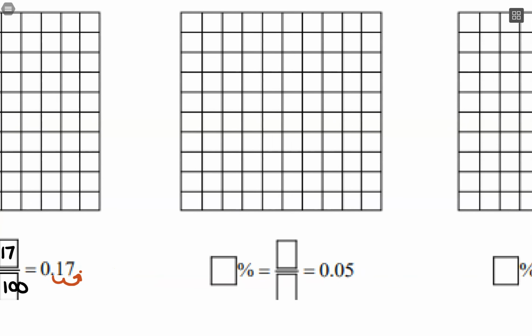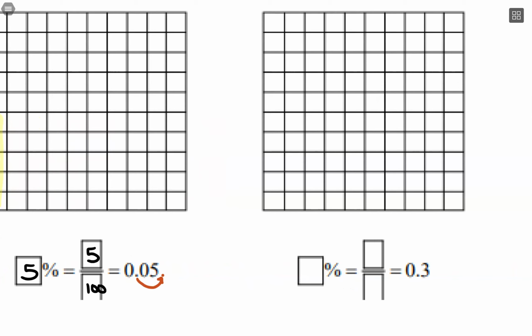0.05, so this is 5 hundredths, so we're going to have 5 out of 100. Also, you can think of moving to the right 2 spots for the percentage form. That's 5%. So we're going to have 5 of these 100 squares filled in.